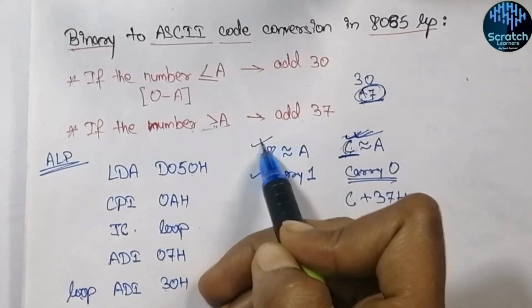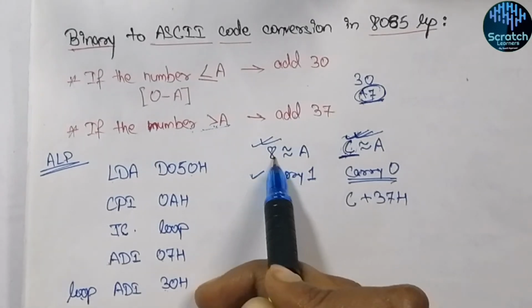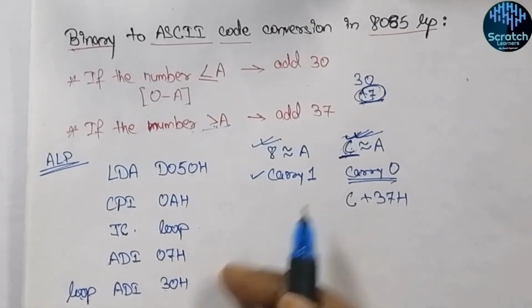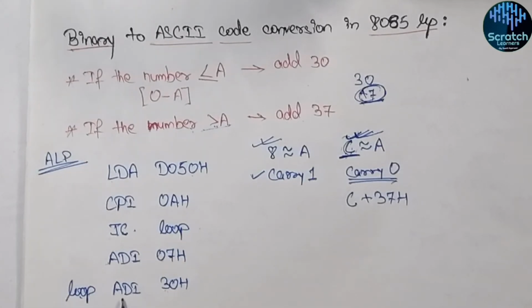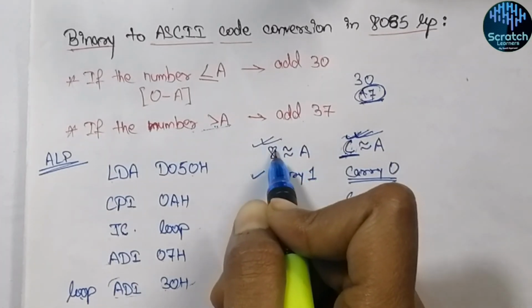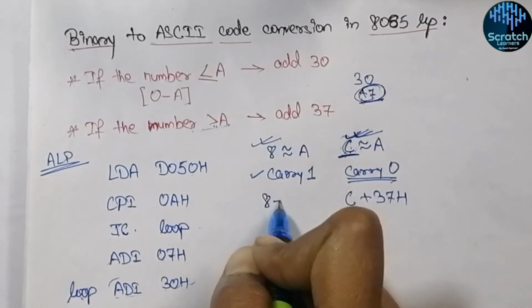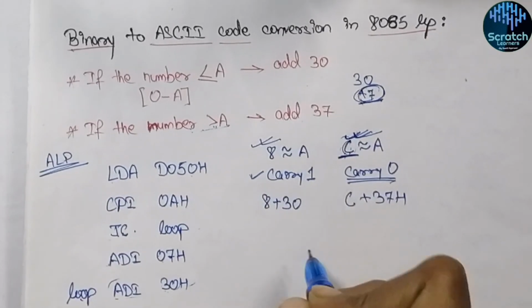But what will happen for this data? 8. Here a carry will be generated, right? So from this location the control will go directly to here, and the content of accumulator will be added with this 30 hex. So the ASCII code of 8 will be 8 plus 30, right?